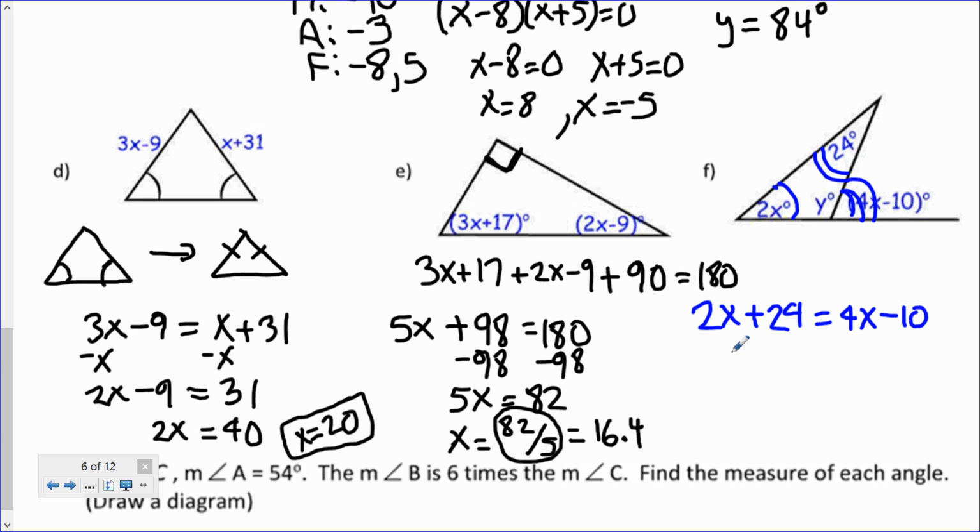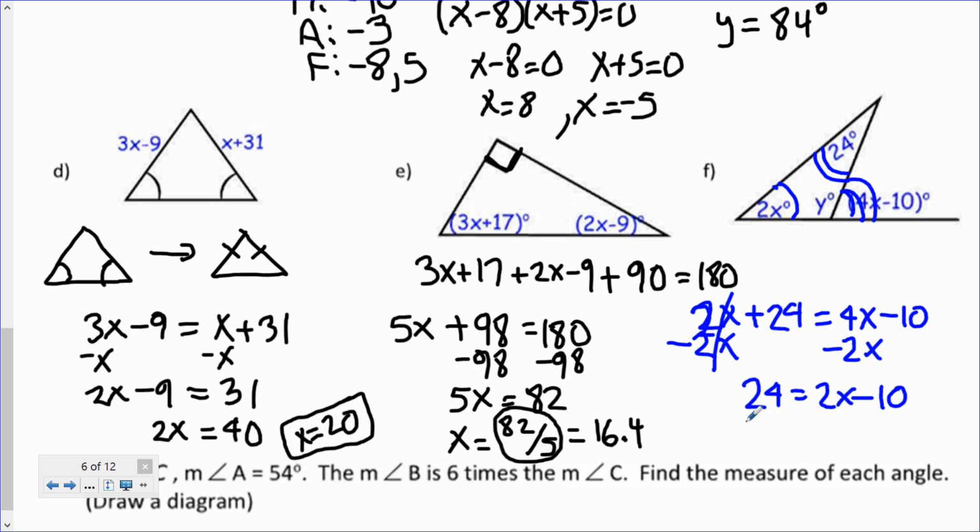So many students are used to moving the variables to the left. You can move it to the left or to the right. I'm actually going to subtract 2x since it's the smaller of the two coefficients. Coefficient is just a number in front of the variable. So then we have 24 equals 2x minus 10.